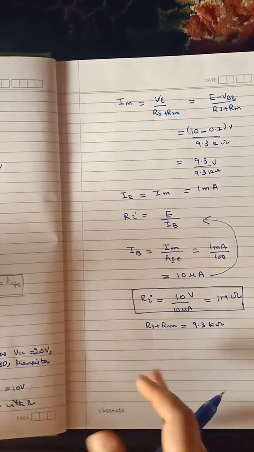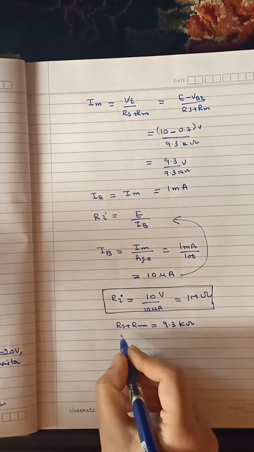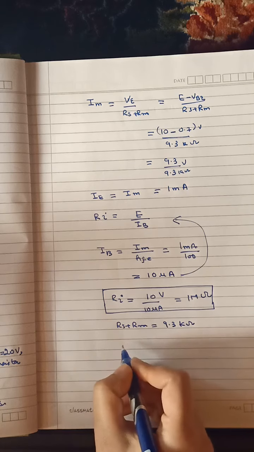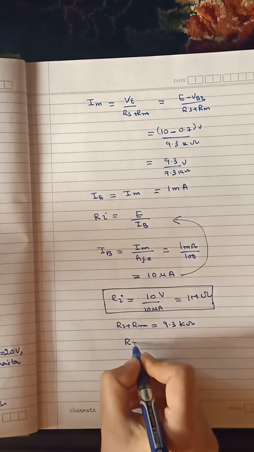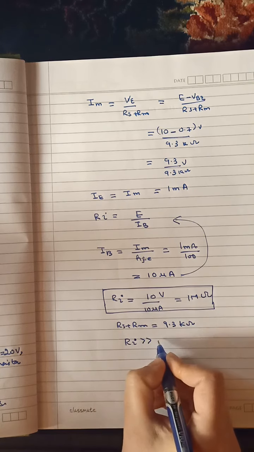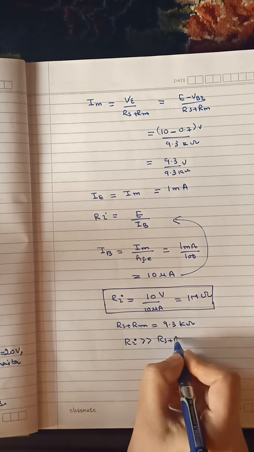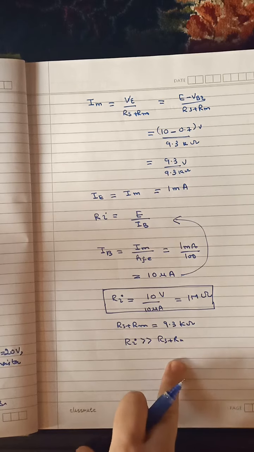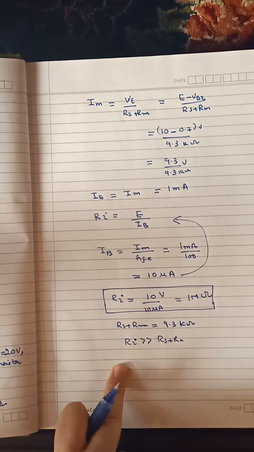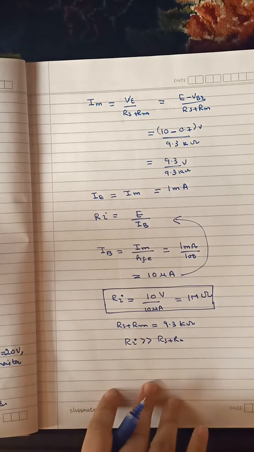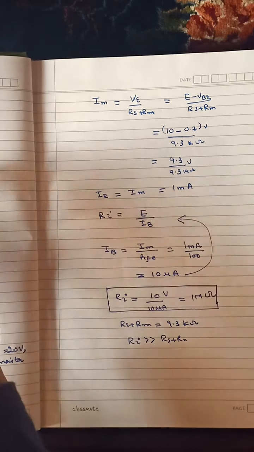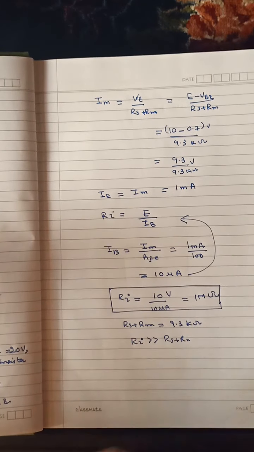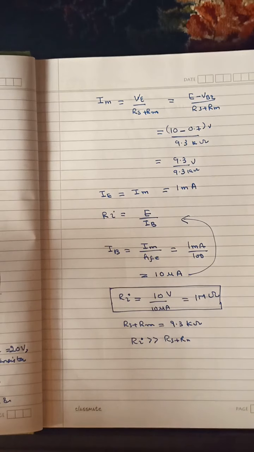So this is what I was telling you previously, that Rs plus Rm is always much less than Ri. So Ri is much greater than Rs plus Rm. Obviously this is in the range of mega ohms and this is in the range of kilo ohms. Because of this increase in the input impedance, the loading effect is reduced. Also, since the transistor provides amplification of the current, its sensitivity is also increased.